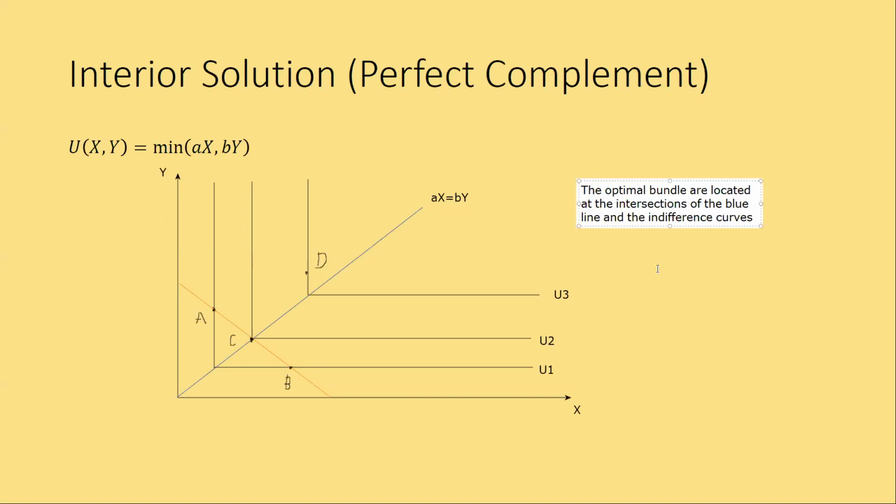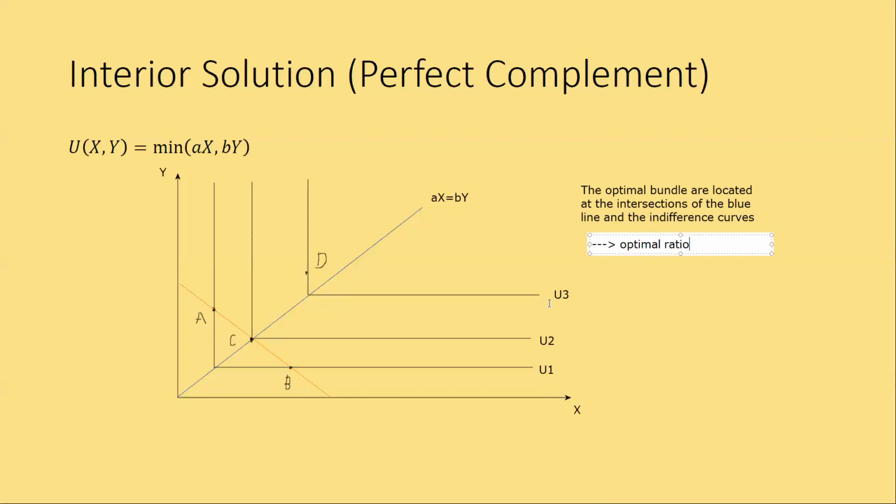This is what we have argued and observed so far. Based on this condition, we are going to be able to find the optimal ratio of X and Y. We are going to see the formulas in the next slide in just a second.